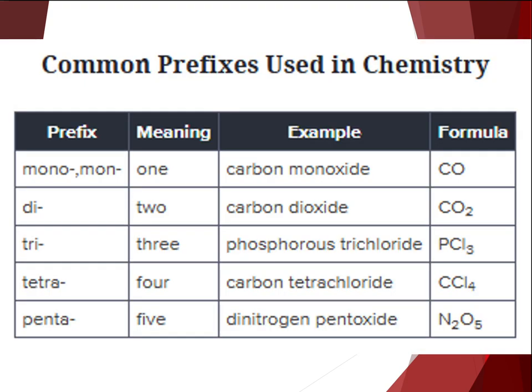What, however, do the names carbon dioxide and carbon tetrachloride reveal about the components of these molecules? The answer to this question lies in the analysis of the words and word parts in each name. In the case of carbon dioxide, the names of the two elements are mentioned. These are carbon and oxygen.